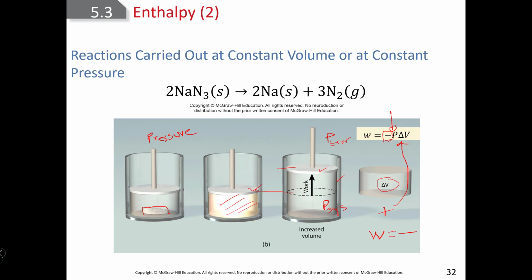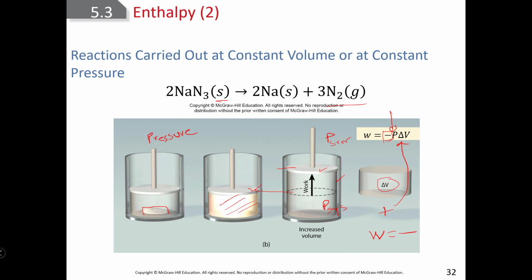And why does that happen? Because we went from a solid to 3 moles of gas here. So look at this carefully, think about it. Know that when you have positive volume changes against a pressure, against a force, then you're going to have done work.